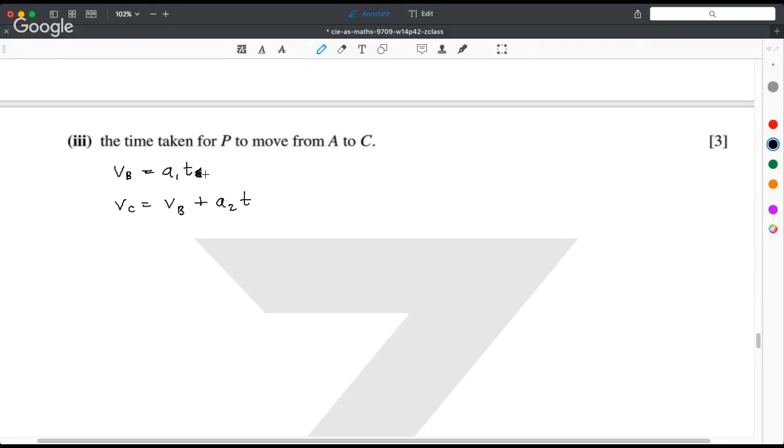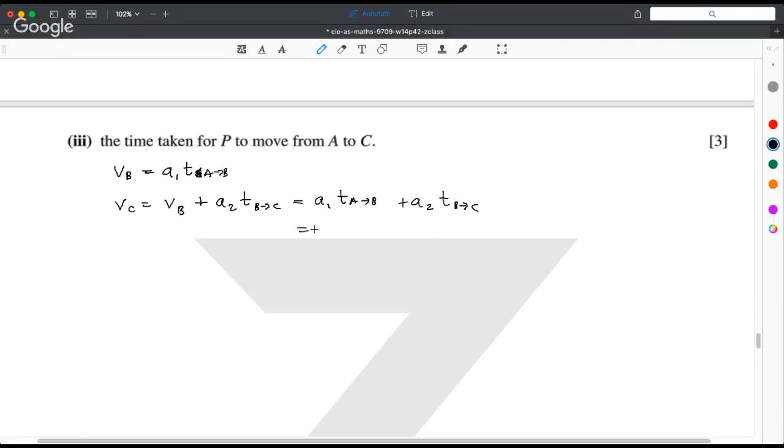So this was the time from A to B. And here it's going to feel the acceleration from B to C. So this is equal to, and I plug in VB, A1 times the time from A to B, plus A2 times the time from B to C.